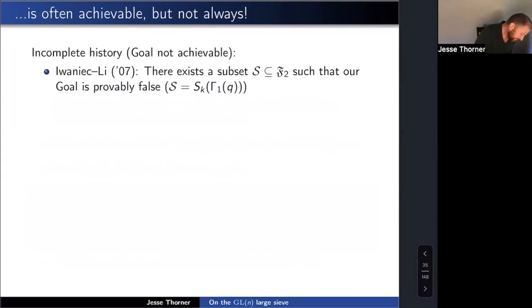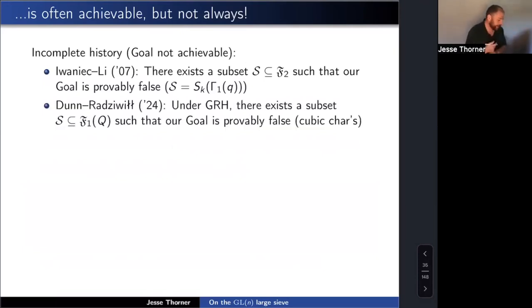Another situation where this idealized quasi-orthogonality is just provably not in the cards for us is in the large sieve inequality, not for all Dirichlet characters, but for cubic Dirichlet characters.